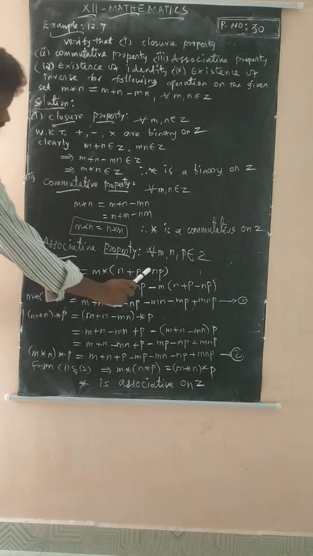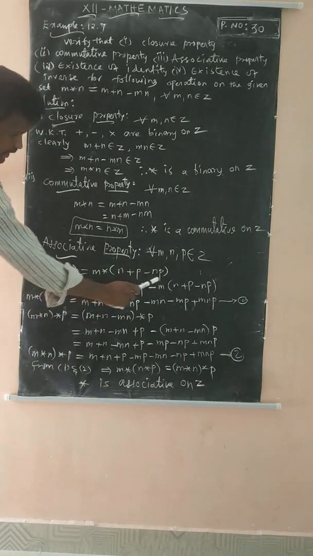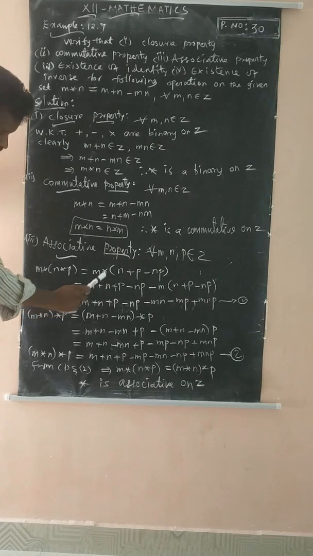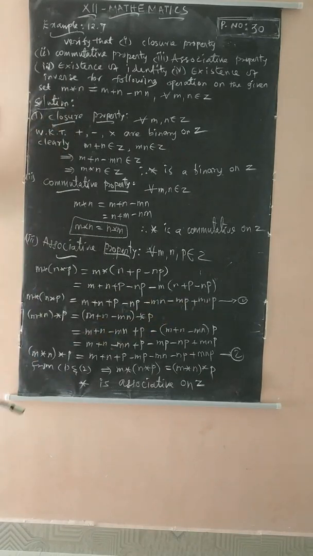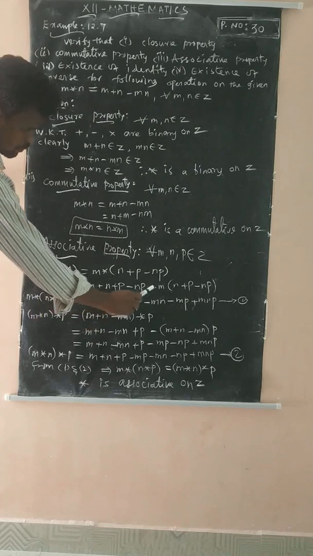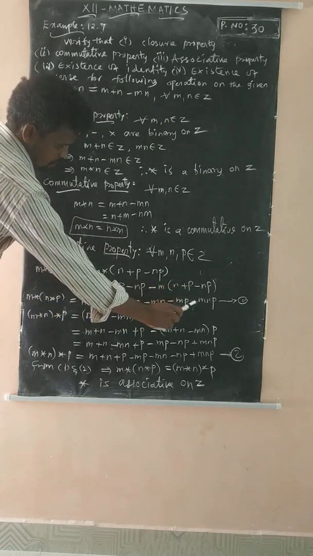Again we operate, first term plus second term minus first term into second term. So m star of n star p is equal to m plus n plus p minus np minus mn minus mp plus mnp.